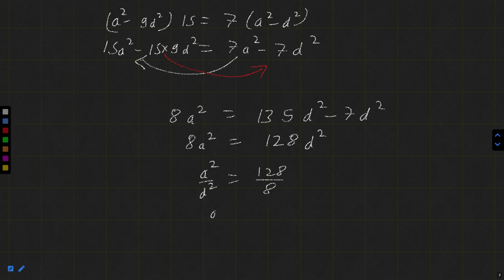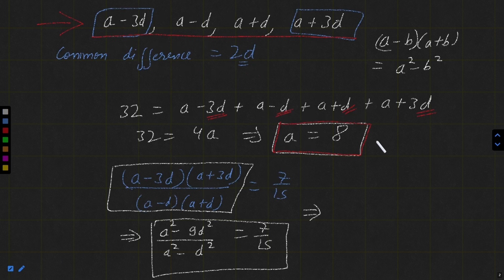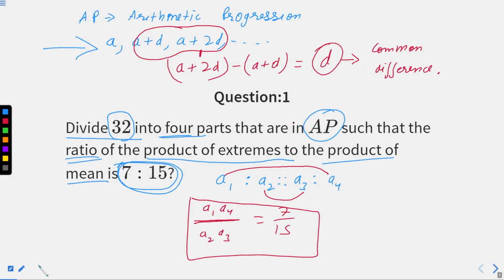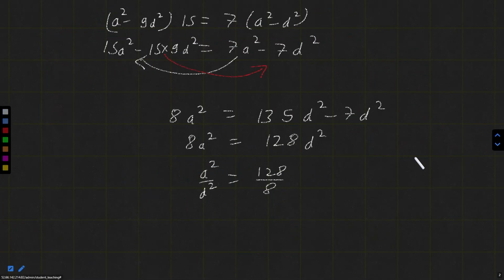Clear? Now a is given to me as 4. Yes, not actually given, I have already calculated. A is 8. Sorry, a is 8. So I substitute the value for a. Okay, so a is 8.